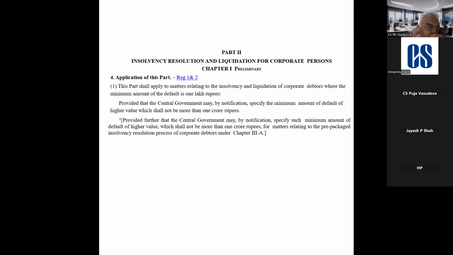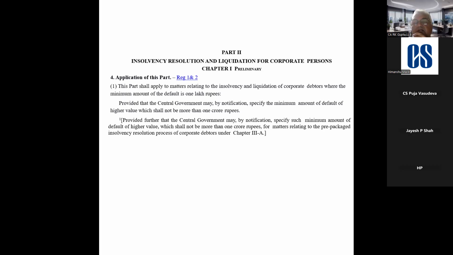Now, in case of prepack, the minimum amount of default is 10 lakh rupees. Suppose there is an MSME which has incurred a default of say 200 lakhs. Whether it can go in for normal CIRP or it has to go only through PPIRP. I hope you have understood my question.